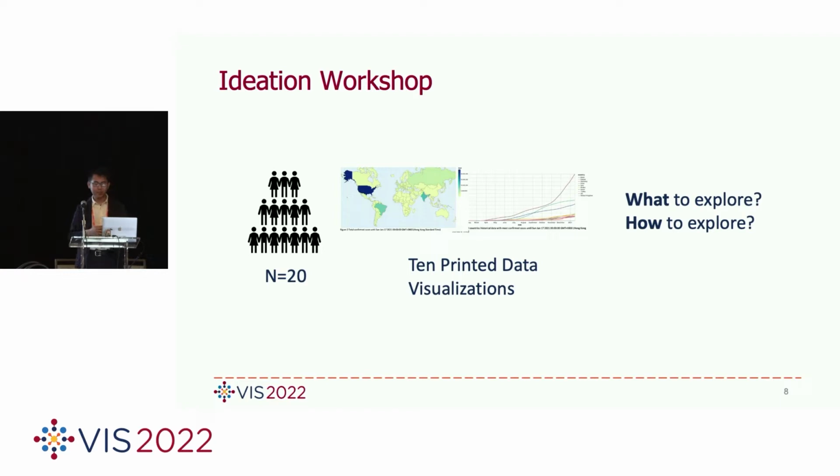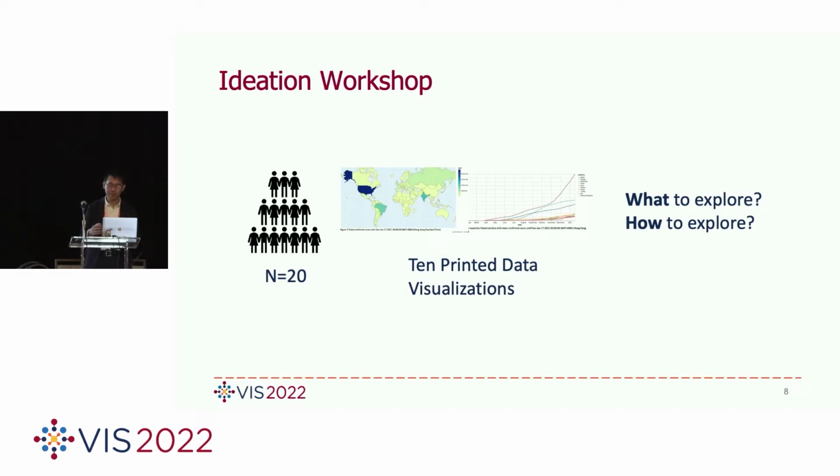To answer this question, we first conducted an ideation workshop to collect possible interactions that map actions to commands. We invited 20 participants, mostly HCI and VIS PhD students, to read 10 printed data visualizations and think about what they want to explore more from the printed visualization and how to achieve that.